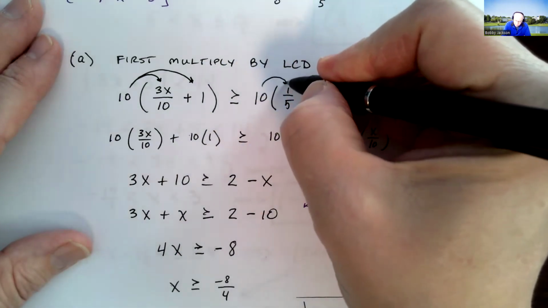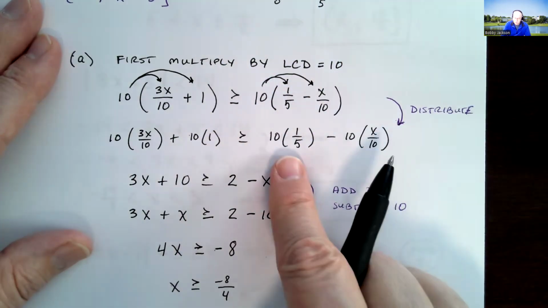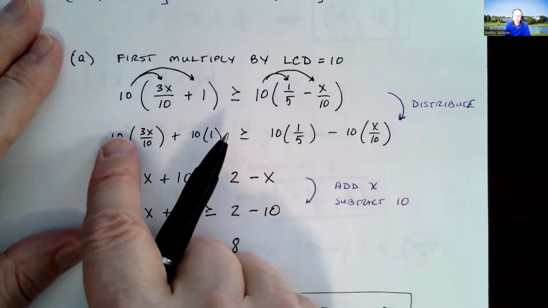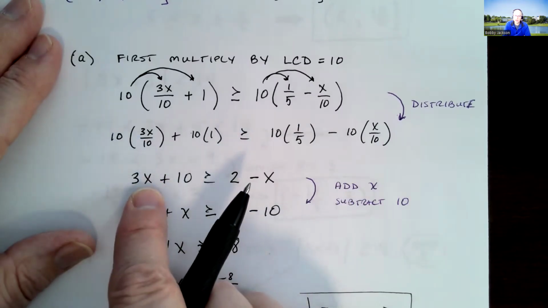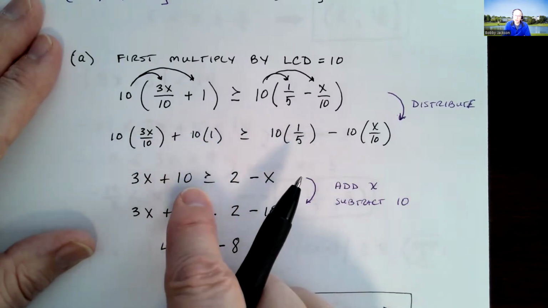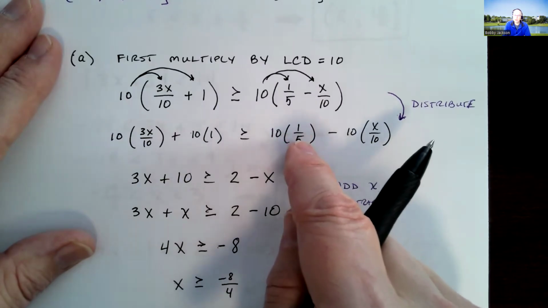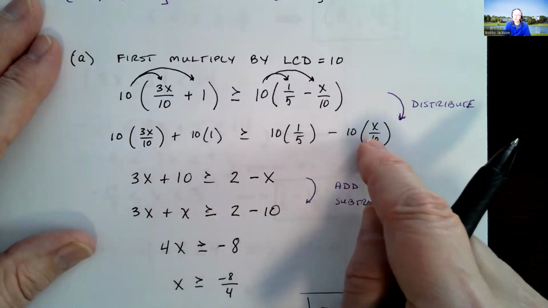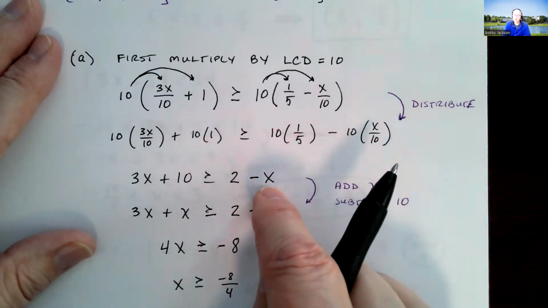Same thing here. 10 times 1/5, 10 times x over 10. Now I simplify. Here, 10 divided by 10 is 1. I'm just left with 3x. 10 times 1 is 10. 10 times 1/5 is the same as 10 divided by 5, which is 2. Here, 10 divided by 10 is 1. I'm just left with x.